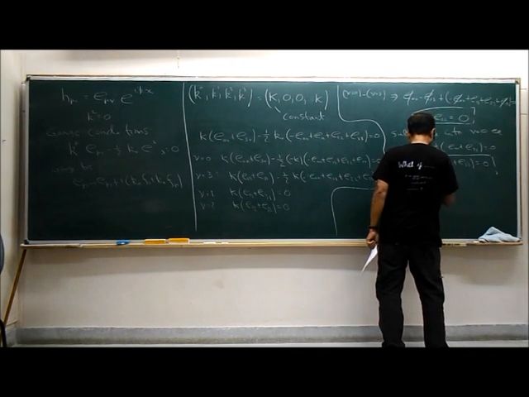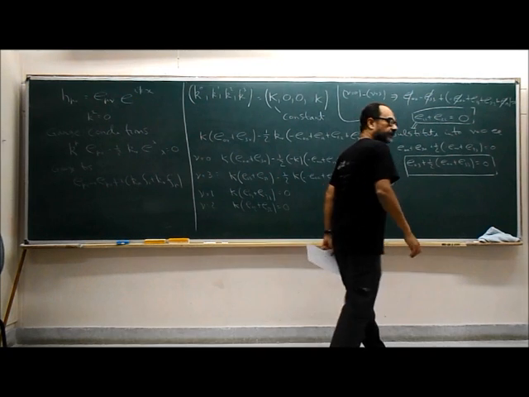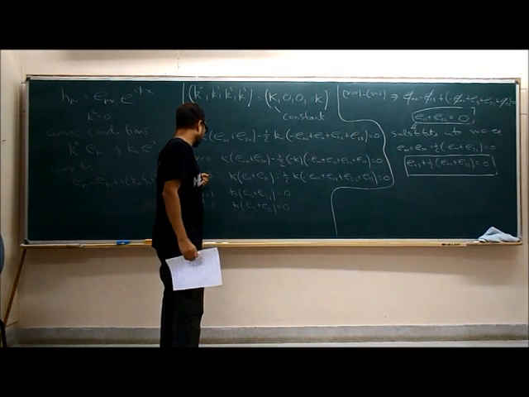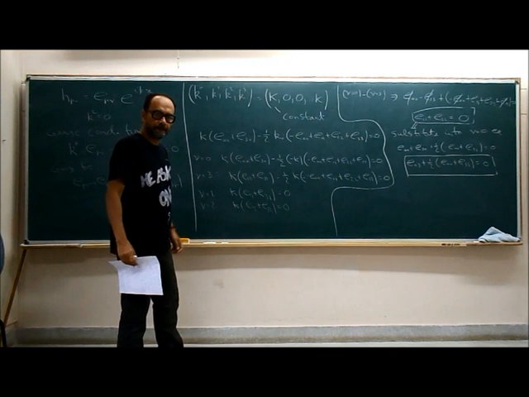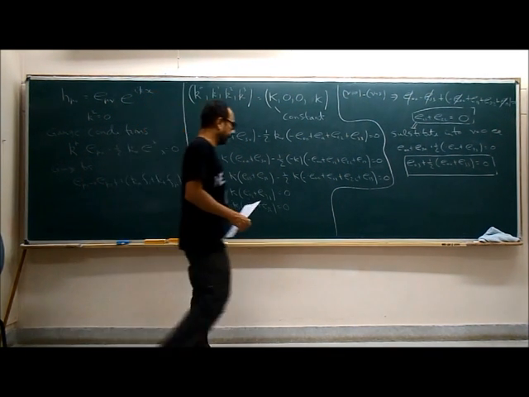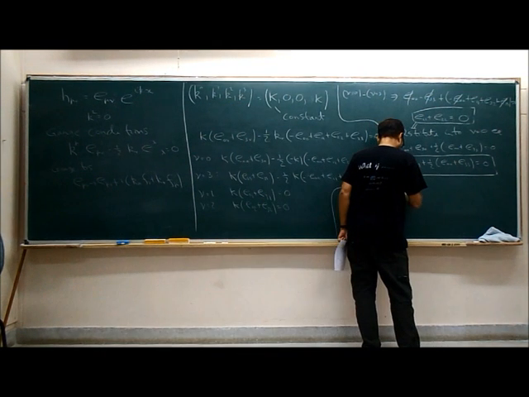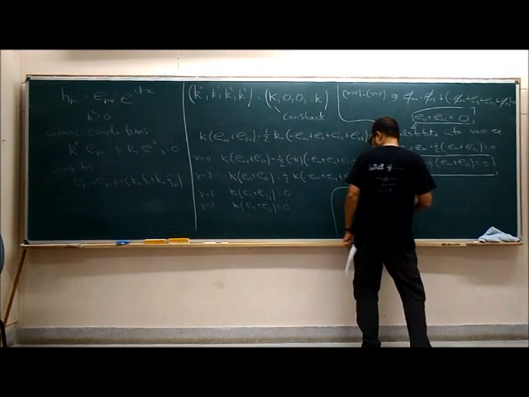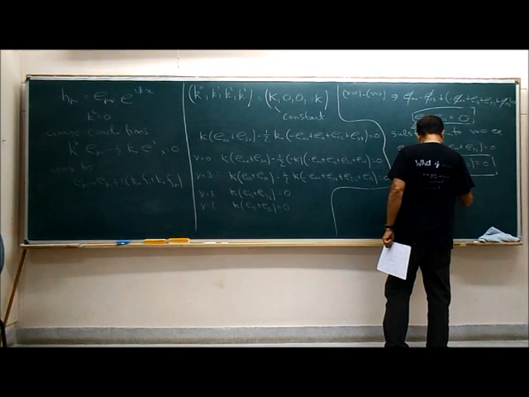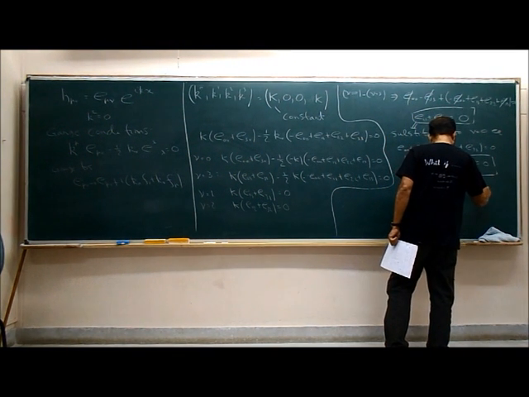So these two equations are essentially consequences of the mu equal to 0 and mu equal to 3 equations. And then you also have the other two equations, E01 plus E31 equal to 0 and E02 plus E32 equal to 0.